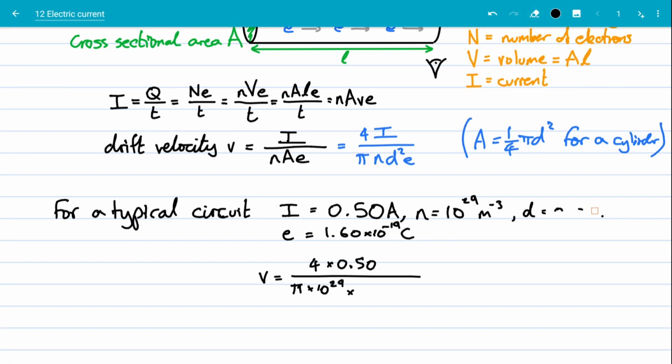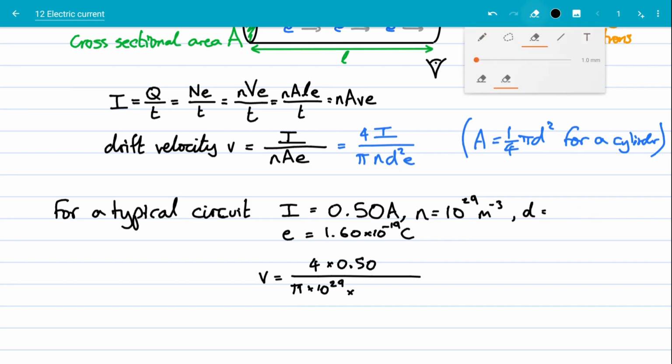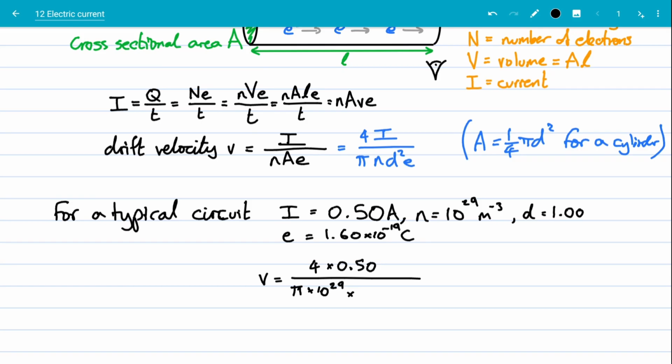So let's just write that as, that was clumsy, wasn't it? 1.00. Let's just do two significant figures, millimeters. So that's that times 10 to the negative 3. That's what the milli is, 10 to the negative 3, and then it's squared. And then times by 1.60 times 10 to the negative 19.